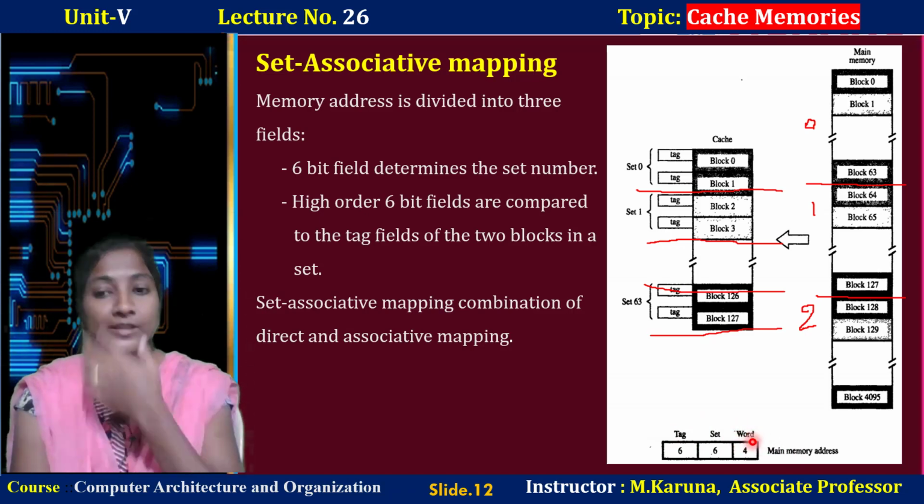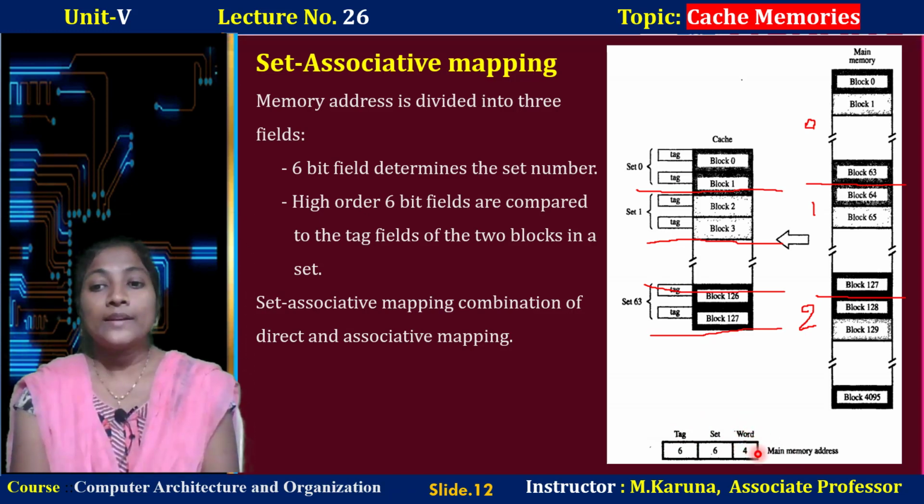The first field is the word field, which contains 4 bits used to access any one memory location out of the 16 memory locations in the required block. Now, set bits. These set bits are used to access the required set from the cache memory.